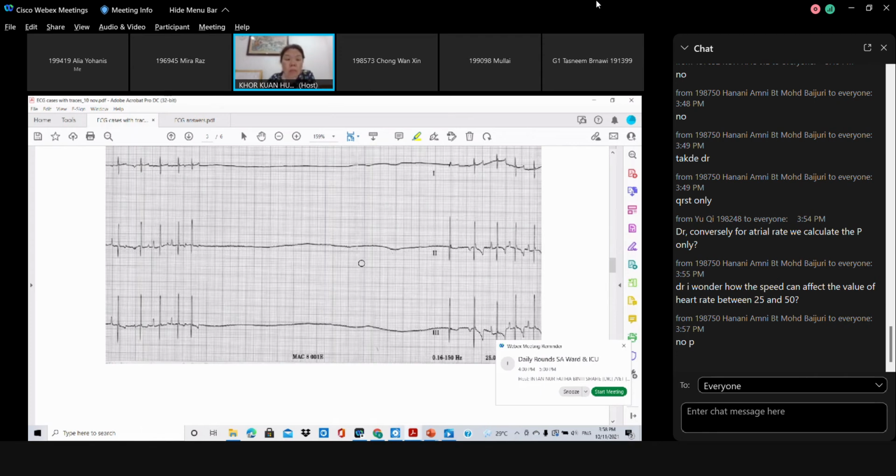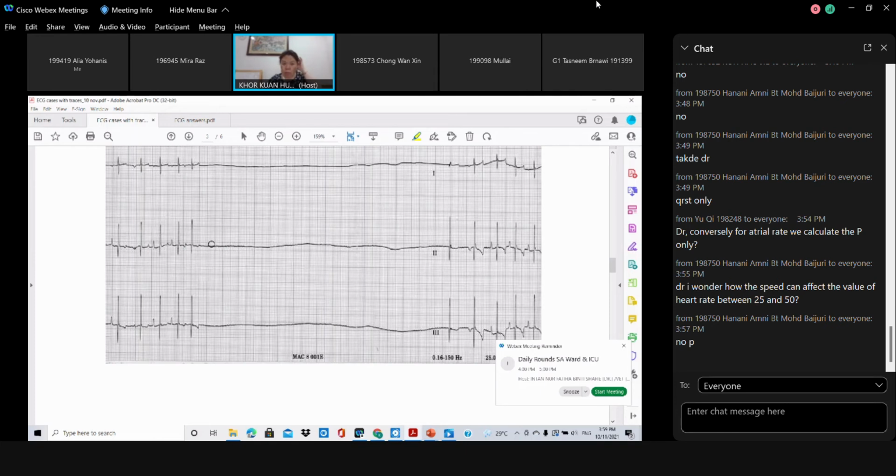Wandering pacemaker normally is either you see them, you don't see them, or they fuse together, or they appear after. So the P's are not sitting at the proper place. So this one could be just an atrial premature beat that started to kick off first, then you have a complex after that.